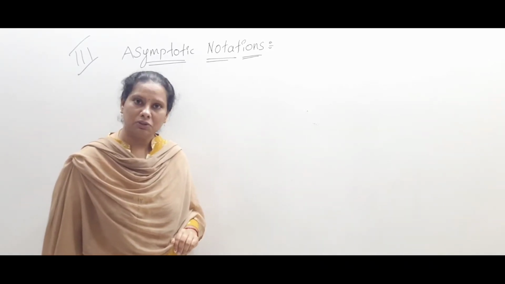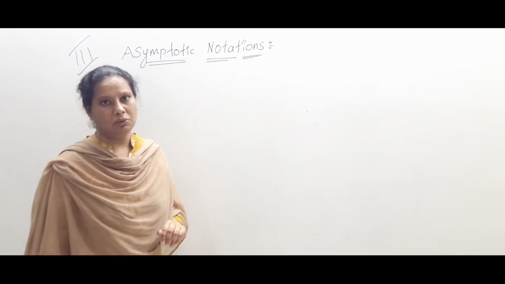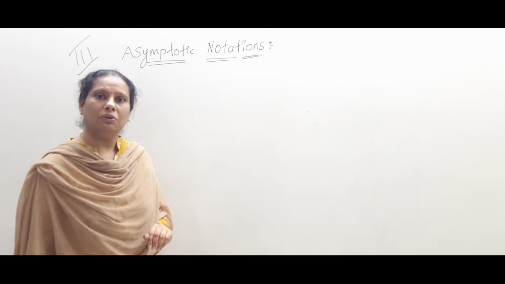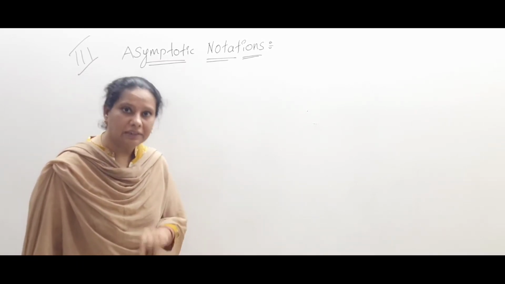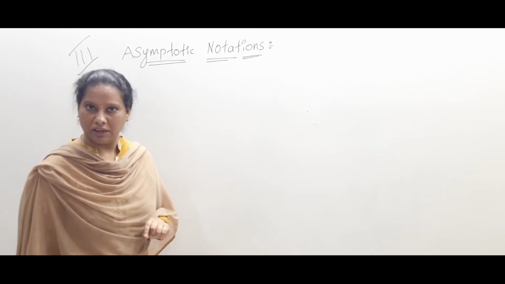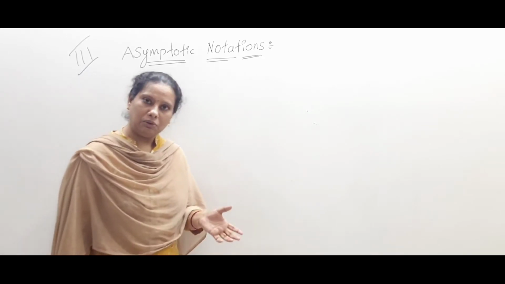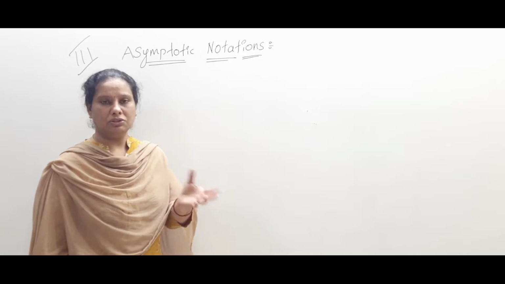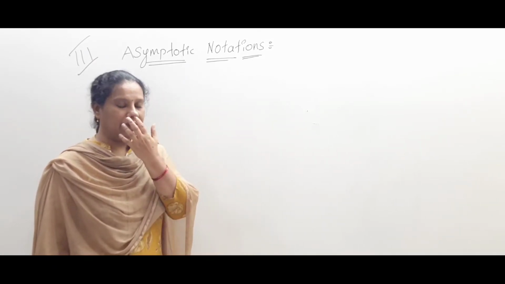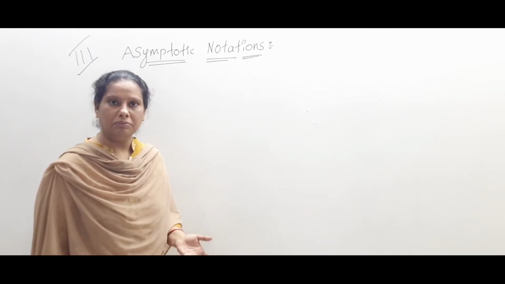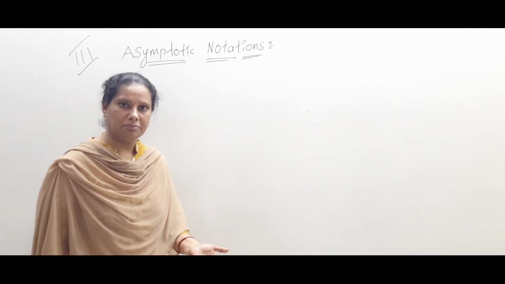What is this asymptotic notations? As I told you earlier, asymptotic notations are nothing but used to represent the time complexity of an algorithm. As I told you earlier, we use different terms to represent different things. Like if you want to represent time, generally we represent in seconds and minutes.